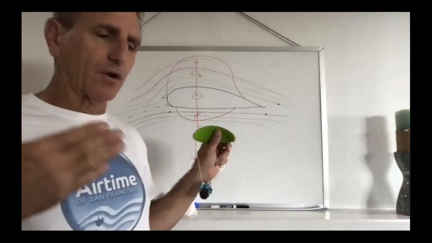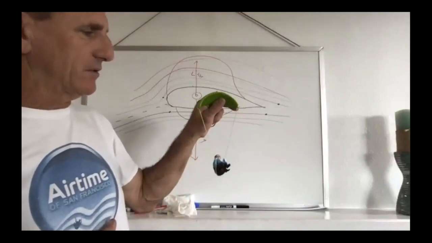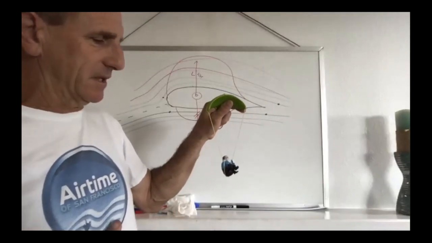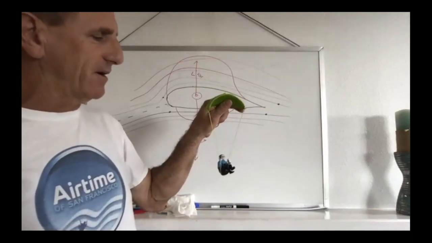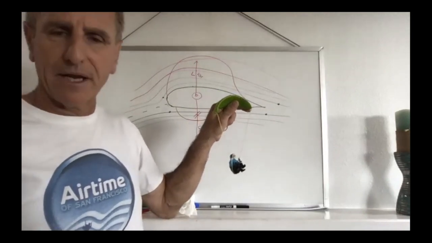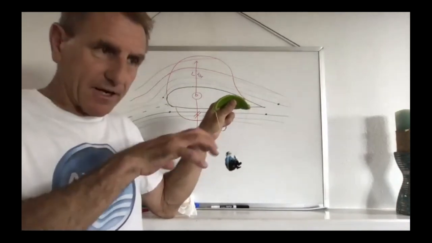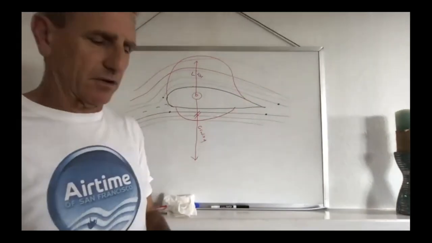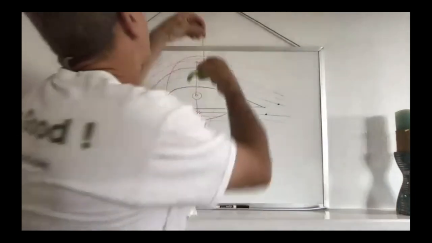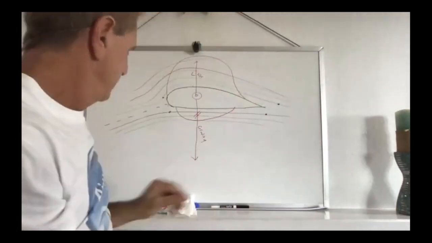If you want to go straight across, you've got to angle the craft a little bit more towards where the water or air is coming from, and we call that crabbing. You know how a crab kind of crawls across the sand a little bit sideways. So that's called crabbing.